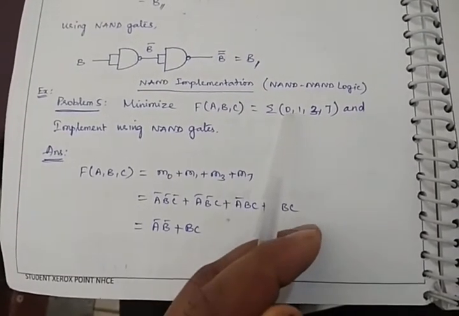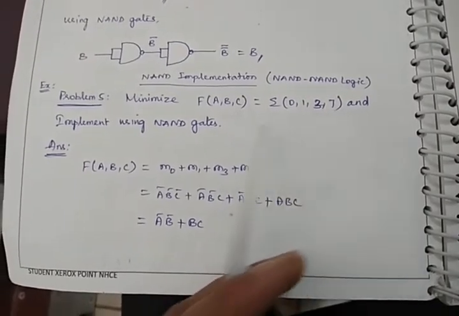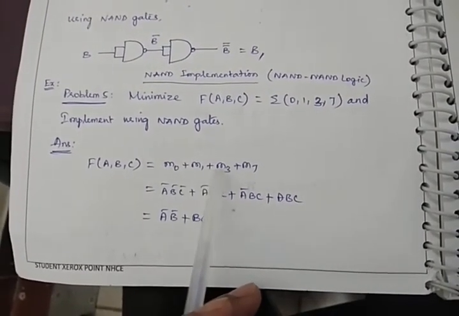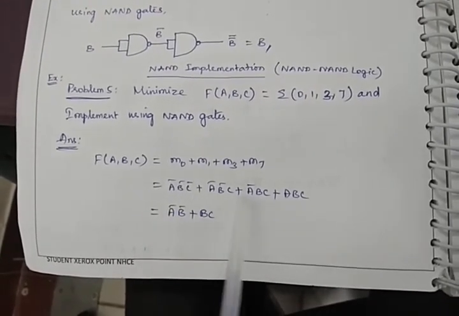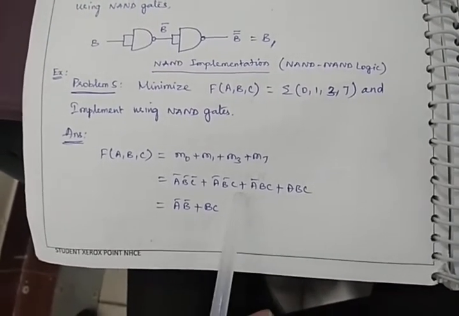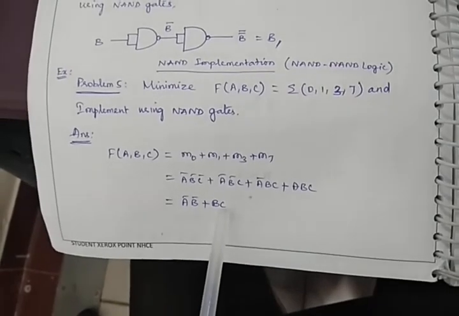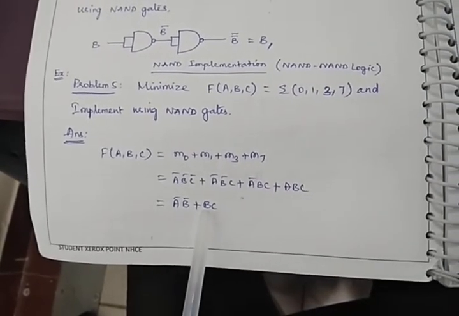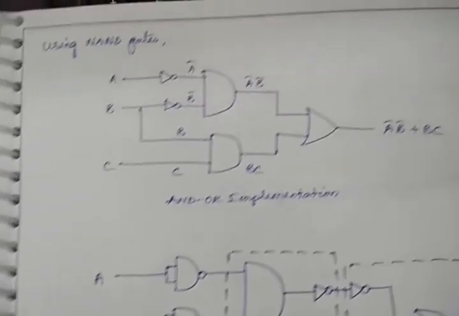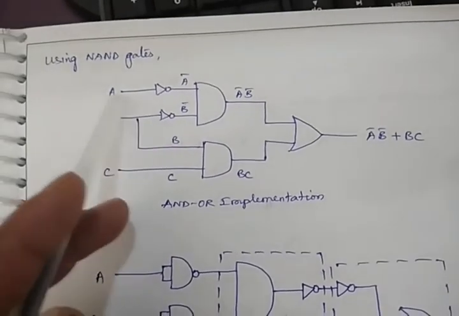The terms given are 0, 1, 3, 7, that is m0 plus m1 plus m3 plus m7. The corresponding values I have written here. After simplification I got a bar b bar plus bc. So this expression I am going to implement using only NAND gates.